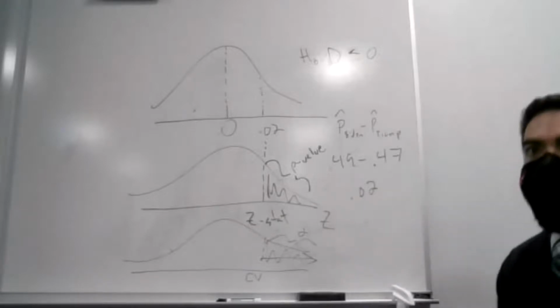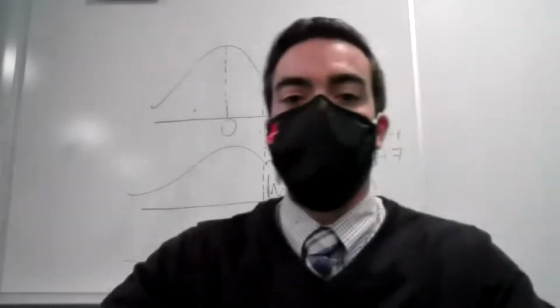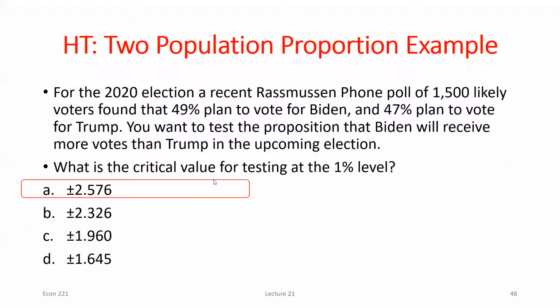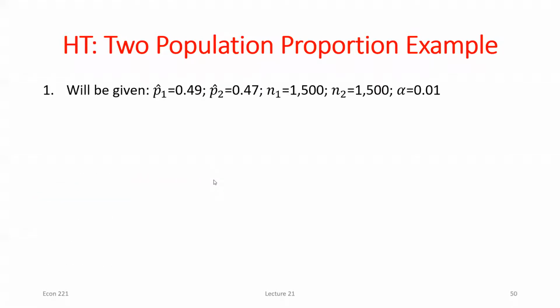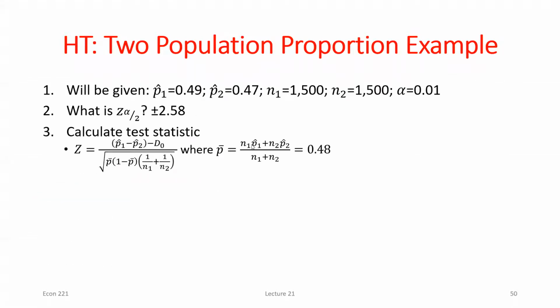So the equation that we had, we first had to do that intermediate step, which is a little bit different than what we did before, and I'll come back to the critical value in a second. First, we have to calculate this p bar, right? So I plug in my sample proportions, I plug in my sample sizes, which were both the same because it was coming from the same survey, 1,500 people, and we get this p-bar of 0.48.